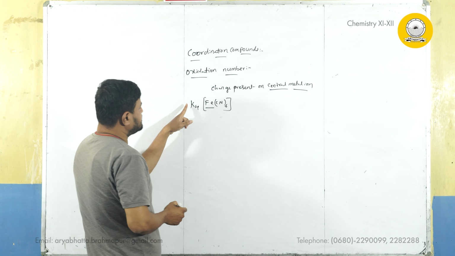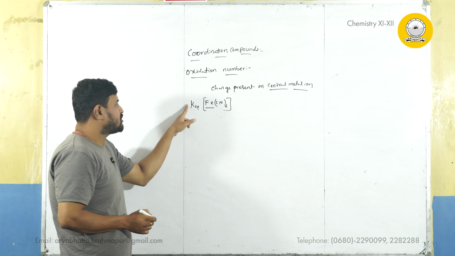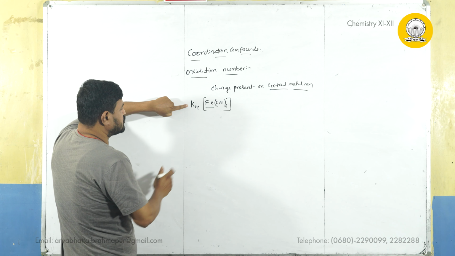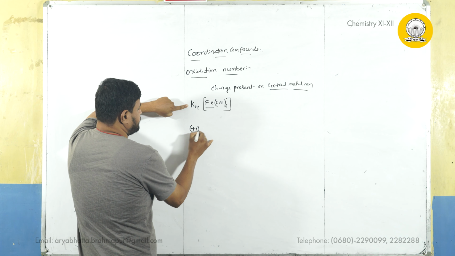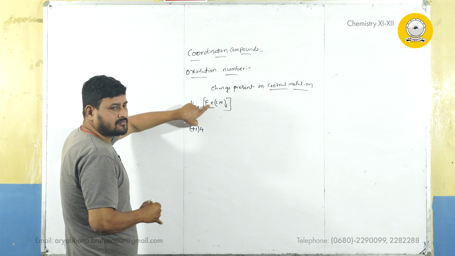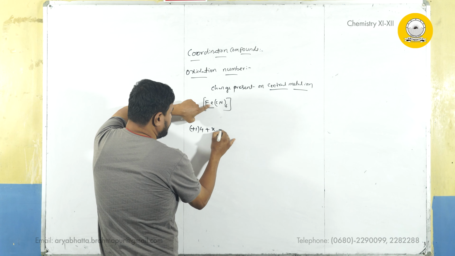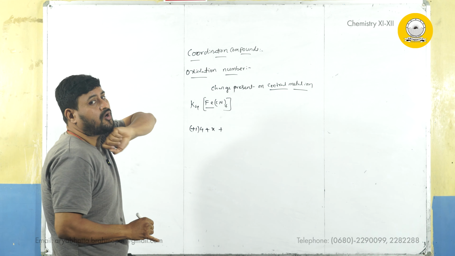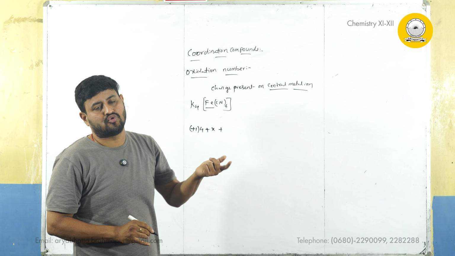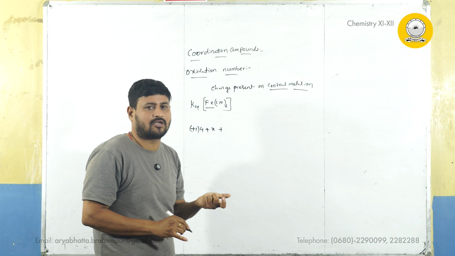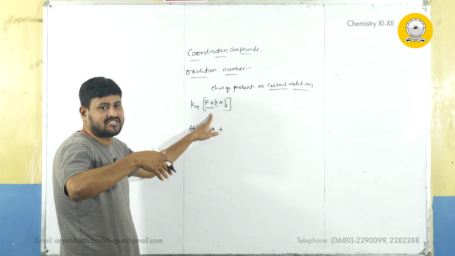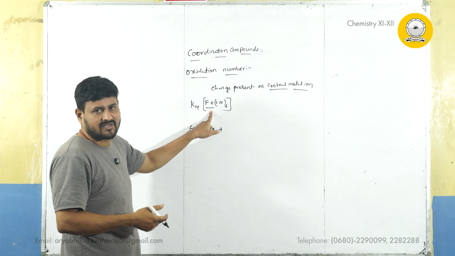We know the charge of potassium: potassium belongs to group 1A, so it has charge plus 1 into 4, as 4 potassiums are there. And iron is X, we don't know. Why? Because d-block elements have variable oxidation states. Iron exhibits plus 2, plus 3; variable oxidation states all exist. So we have to find out in which oxidation state this complex compound forms.